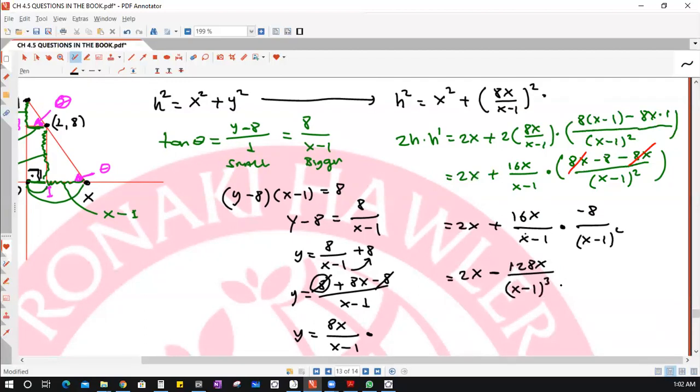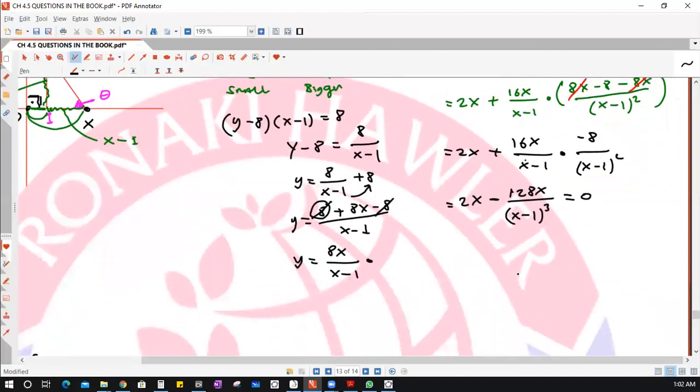And here, equalize this one to 0 to find the x value for the minimum hypotenuse. We are looking for the minimum value this time. Here, we can say that 2x is equal to 128x divided by x minus 1 cubed.